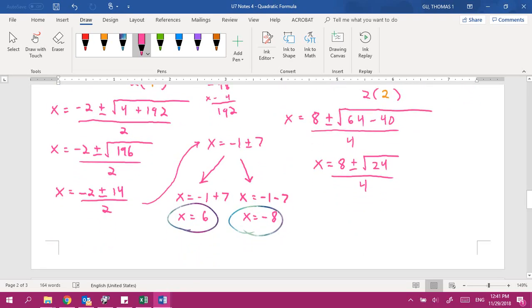Now what do we want to do? Simplify the square root, right? So what can we simplify the square root of 24 into? 6 times 4. So we can change that square root of 24 into the square root of 4 times the square root of 6.